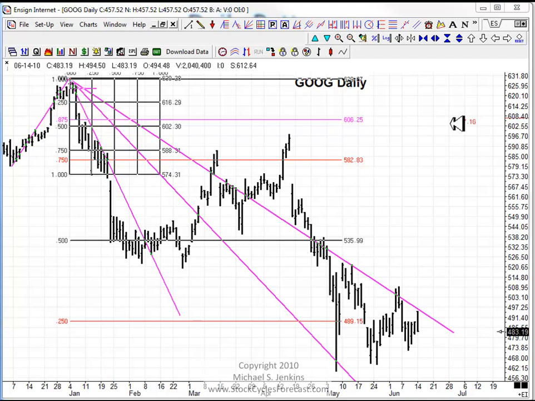Also, now that I'm fairly convinced that I have some true angles on here, what I might do is really get rid of this 90-degree offset line I put on, because that's an offset to the previous move, and while it does show resistance, it's not exactly coordinated with the time and price structure of this leg down. So now I can draw some other angles on here to probably get a better fit.